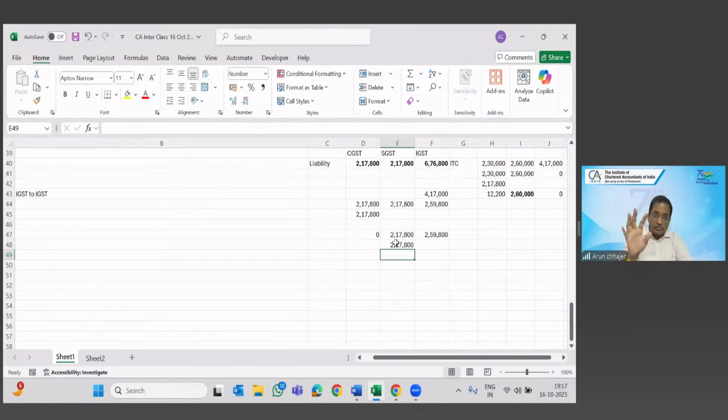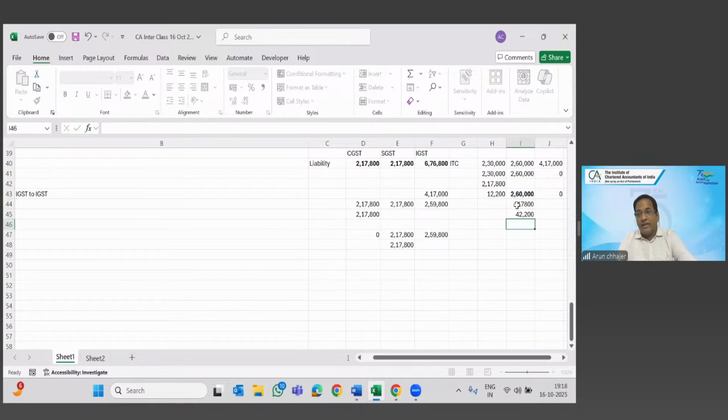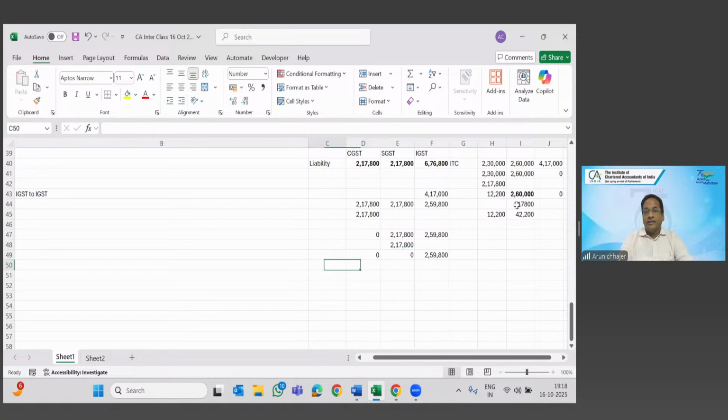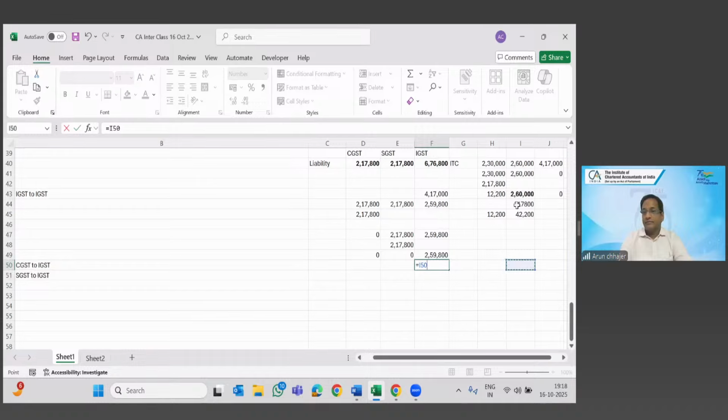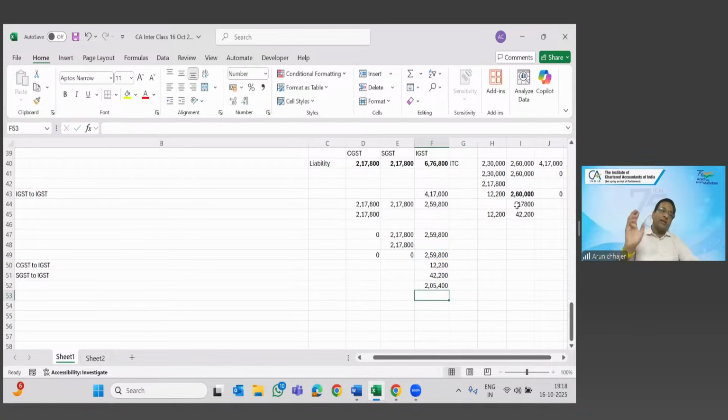SGST का ITC है, SGST की लाइबिलिटी के लिए यूज होगा और the balance amount if any can be given to whom? This amount can be given from CGST to IGST and SGST to IGST. Is that okay? So I can say the net liability which is to be paid in cash is 2,05,400.